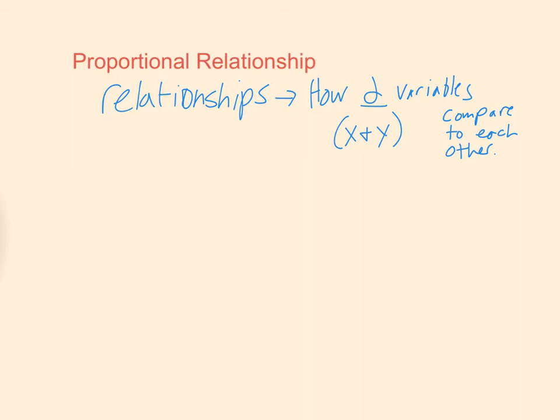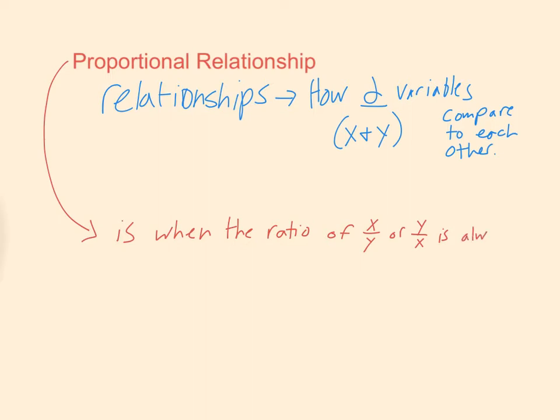Since we're discussing proportional relationships, let me define that. A proportional relationship is when the ratio, all right, a ratio is a fraction that compares two different things, of X to Y or Y to X is always equal.